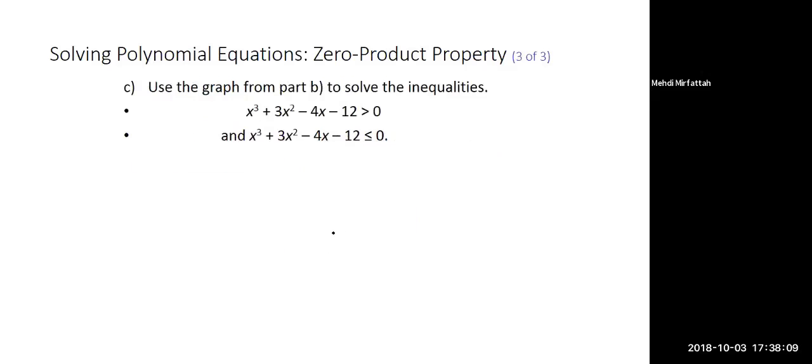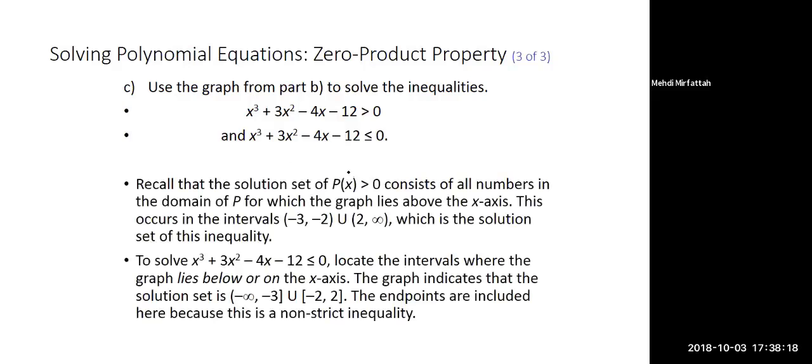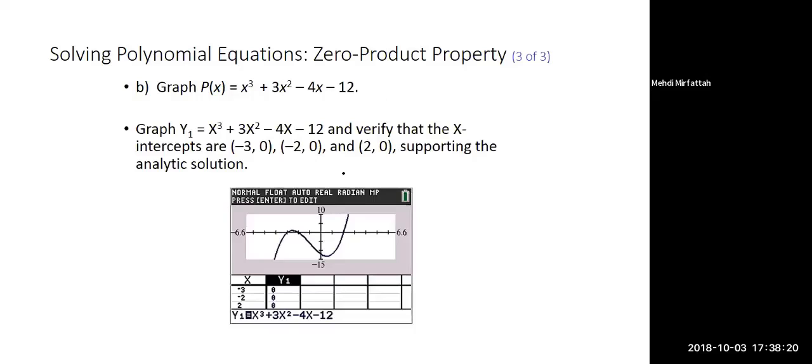Use the graph from part B to solve the inequality. If this were greater than or less than 0, we can see from the graph at what point it would be positive.